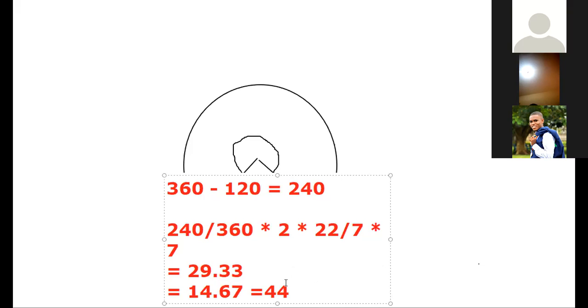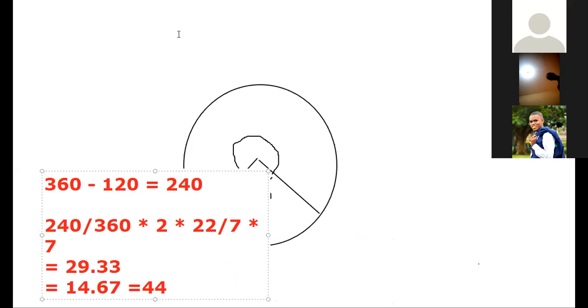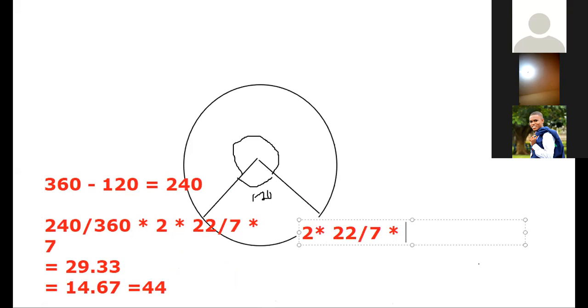Now, if you want to know that this answer is correct, because this 44 is the full circumference, that's the big one plus the small one. We calculated the small one to be 14.67, and now we have calculated the big one to be 29.33. So that will give us what? 44. To know that this answer is correct, you have to find the circumference of the full circle, which is 2 by 22 over 7 by 7.